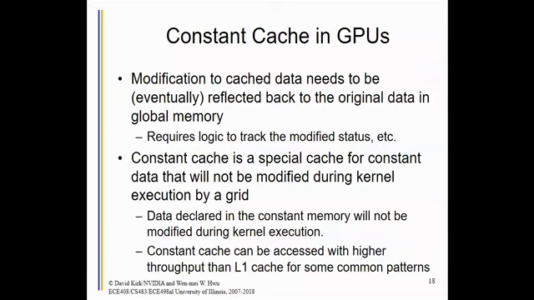So when we use constant cache in GPUs, there are some API functions that are available to programmers. In general, a CPU cache will allow you to write into that cache, because CPU data is in general read-write data. So when we talk about data caches in CPUs, we need a mechanism for the CPU data cache to be able to handle writes.